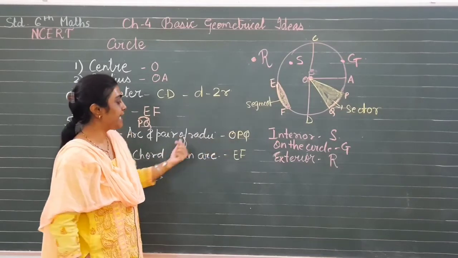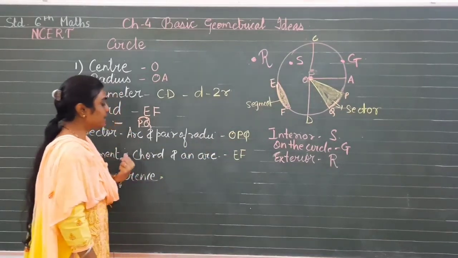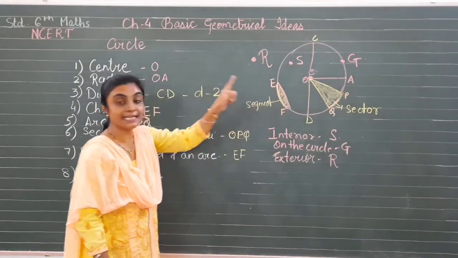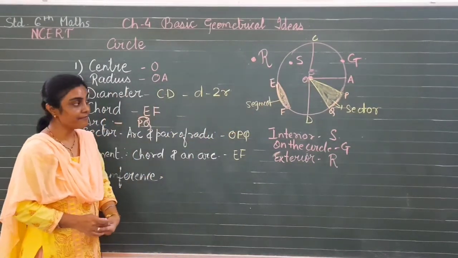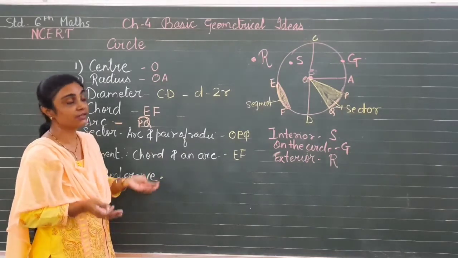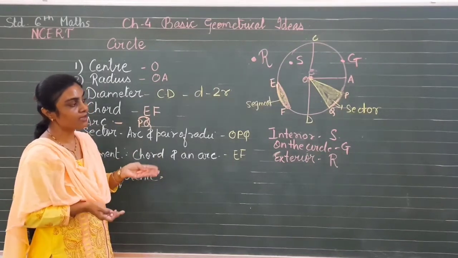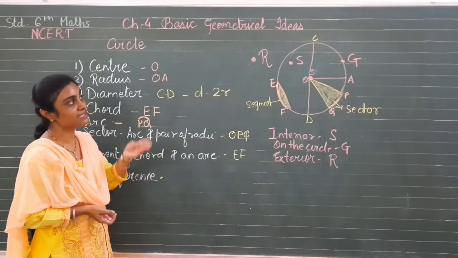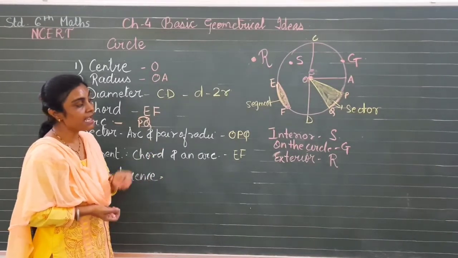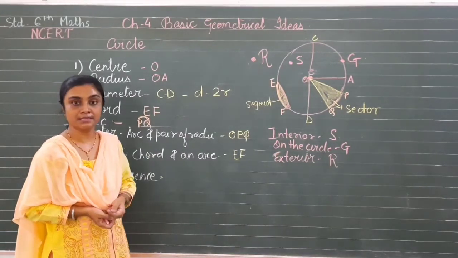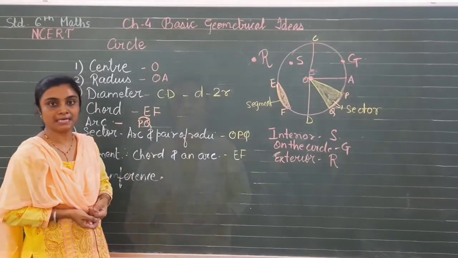Then chord and arc form a segment, and the boundary is called the circumference, whereas the inside portion is called the interior. Some points are on the circle, and some points outside the circle are called the exterior of the circle. So this was about the circle.